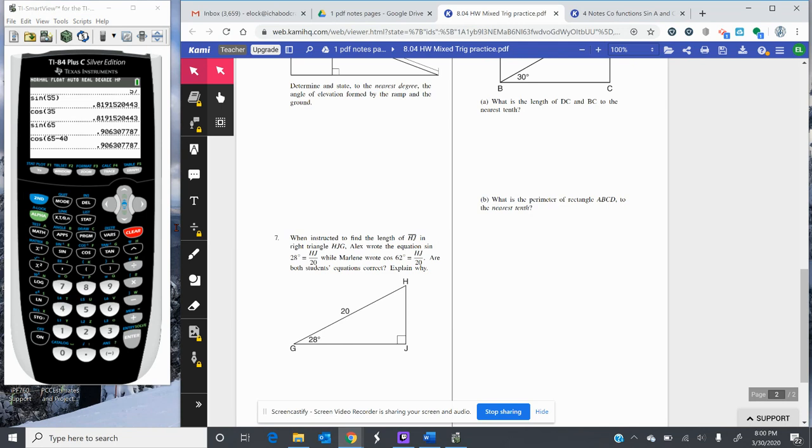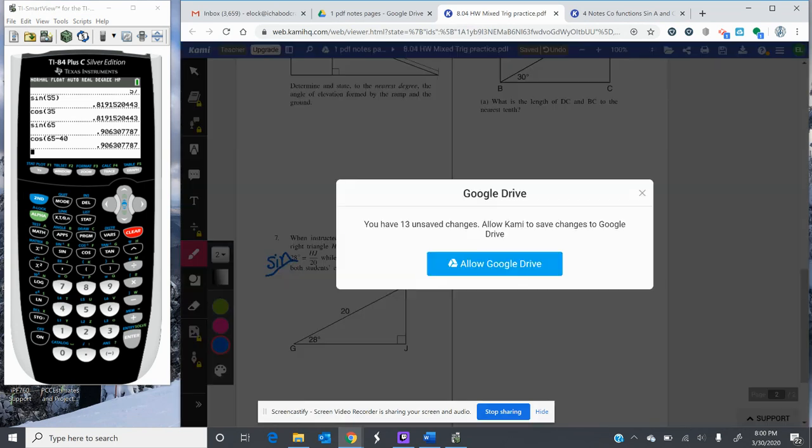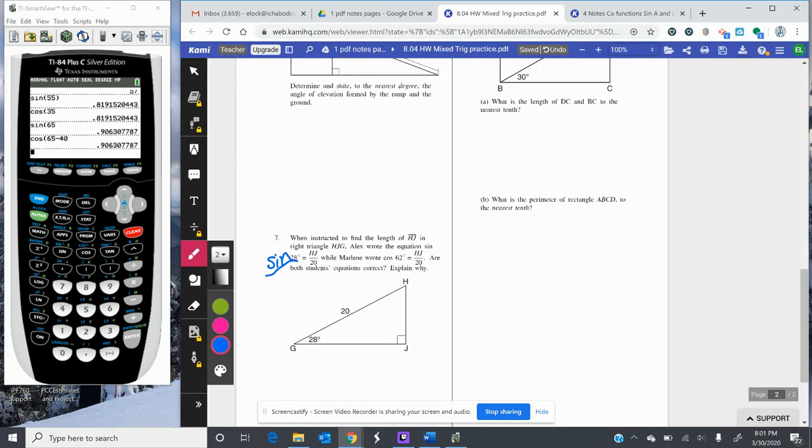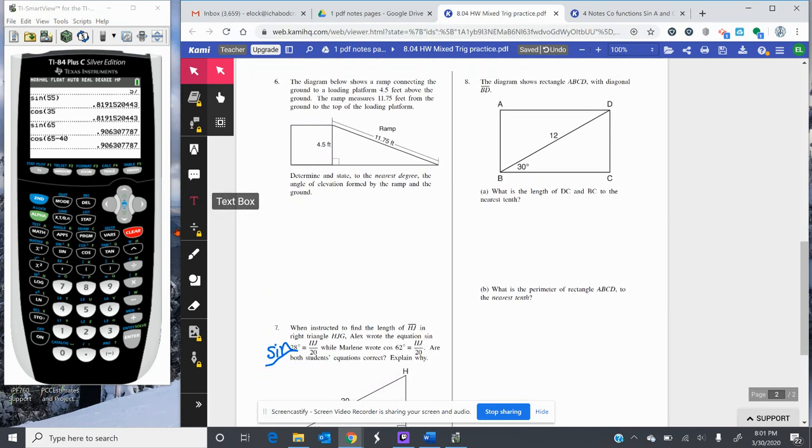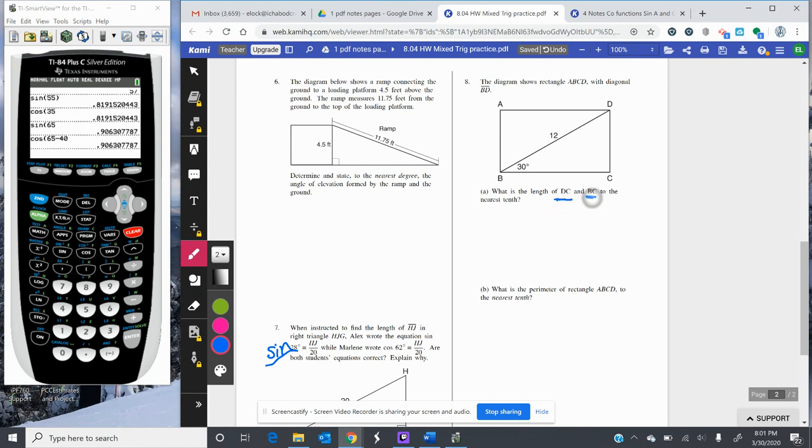The wording kind of did shift from one line to the next. So if you want to write in, that should say sin 28 equals hj over 20. And for exercise 8, you do need to be finding DC and BC.